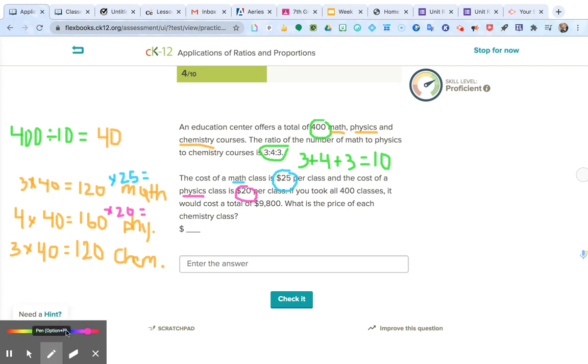All right. So 120 times 25 is 3,000, which means the math classes, to take all 120 of them, cost $3,000, and then 160 times 20 was 3,200.